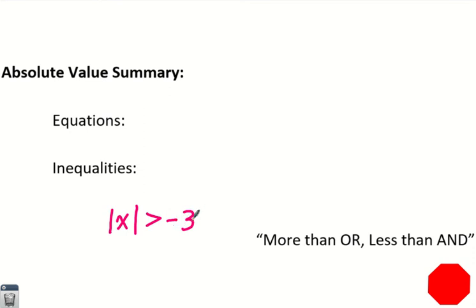So this would have all real numbers as solutions. But if you did something like this, absolute value of x is less than, say, negative 3, now the final solution to this would be that there are no solutions. So this would be all real numbers, and this would be no solution whatsoever. And that's it.